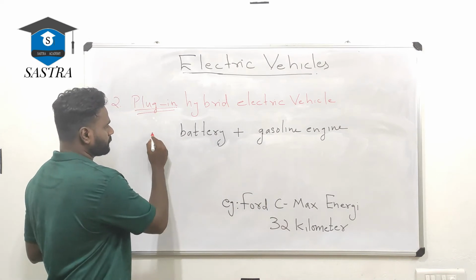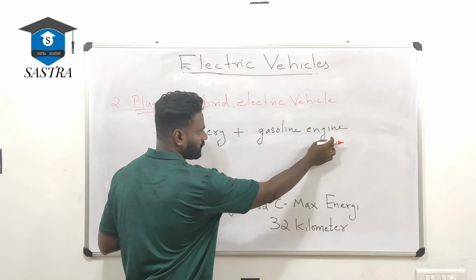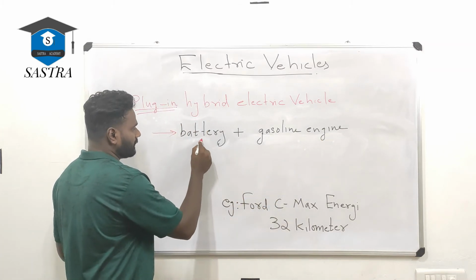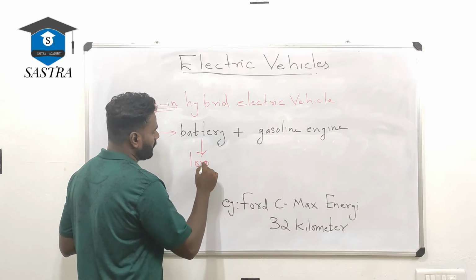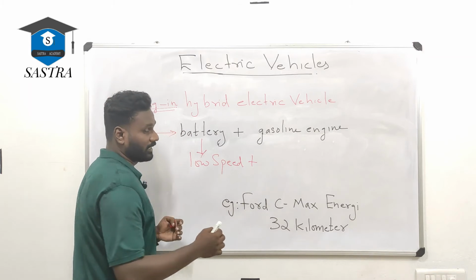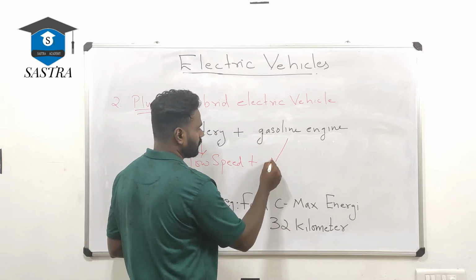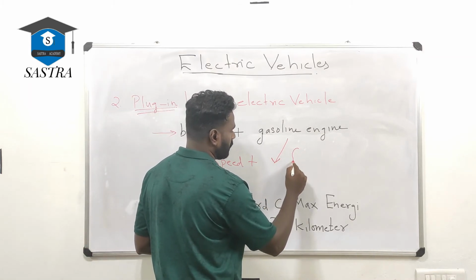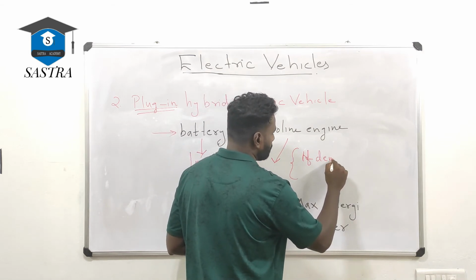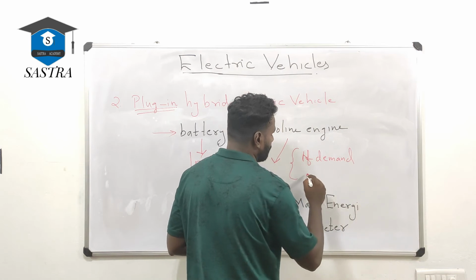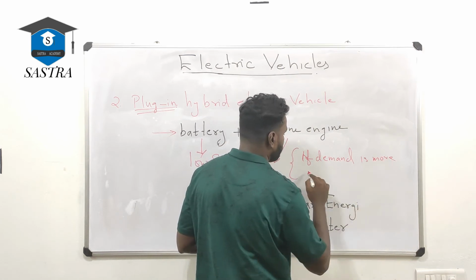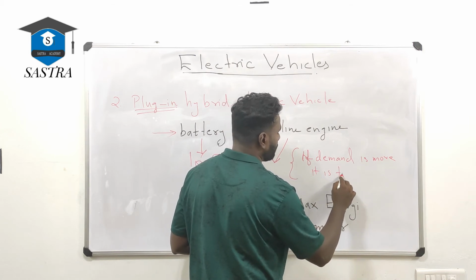Here also a battery plus a gasoline engine is used. It can be petrol or diesel, that I told earlier. Here the battery is used for low speed drive or low speed application, and if the speed is more or the demand in the car is more, the gasoline engine is turned on for meeting the demand.